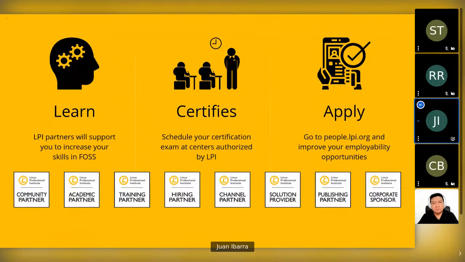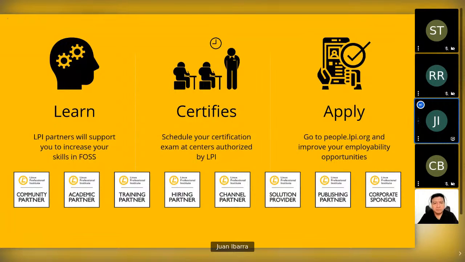El LPI también los ayuda a través de un portal de personas que lanzamos, en donde pueden recibir vacancias laborales publicadas por nuestros socios que se encuentran en los programas de Hiring Partner.